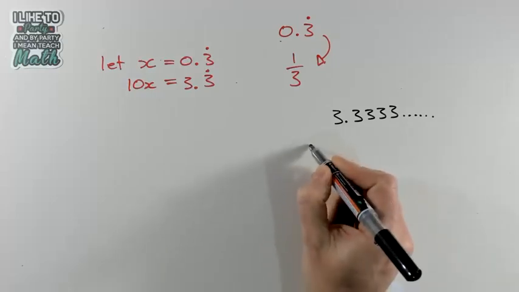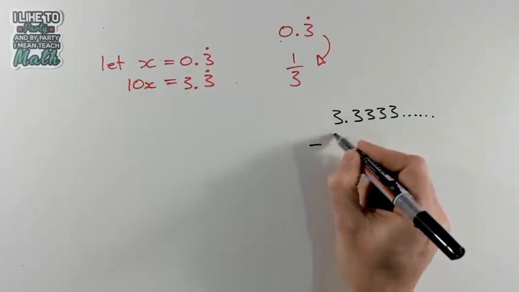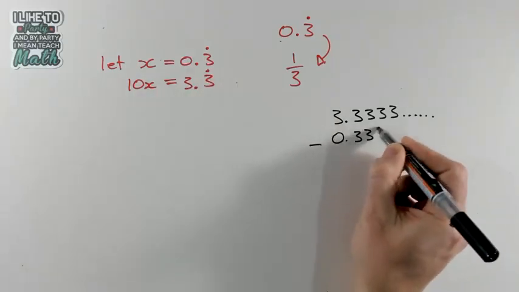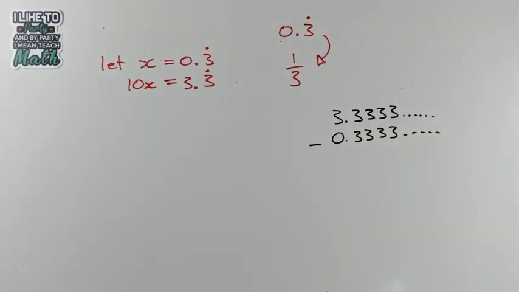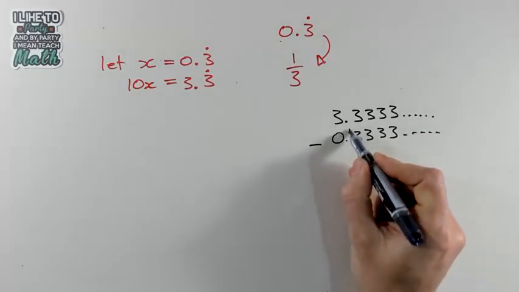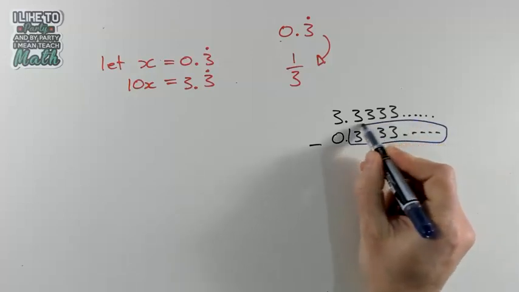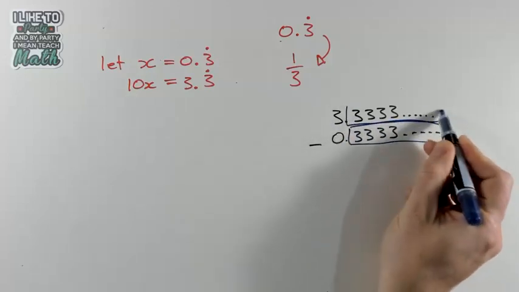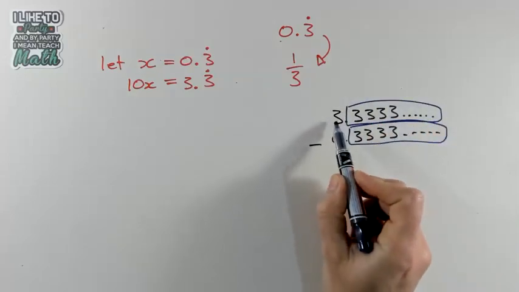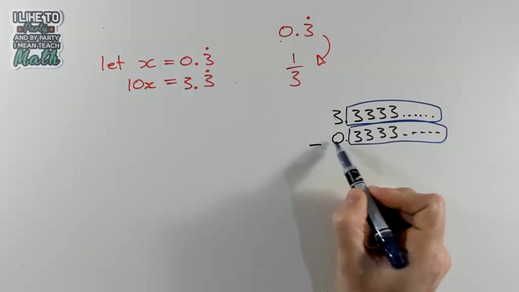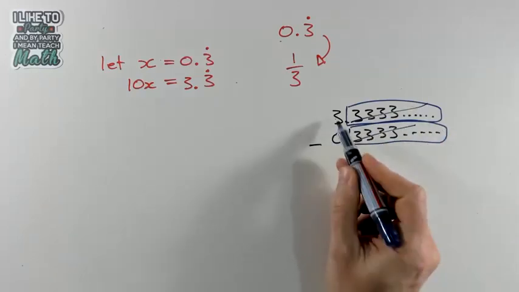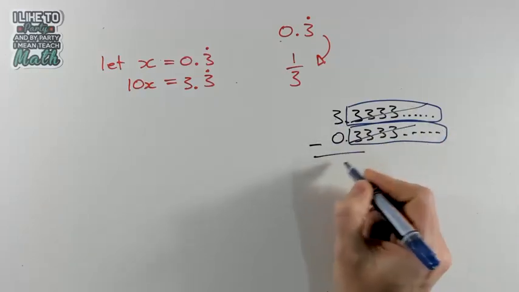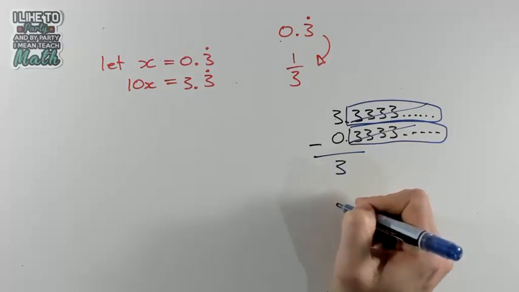And if I were to subtract the top number, which is 0.3333, and so on, you would see that these recurring bits are exactly the same. So if I were to take 3.3 recurring minus 0.3 recurring, these would actually just cancel out, and I'm left with 3 minus 0, which would just be 3.